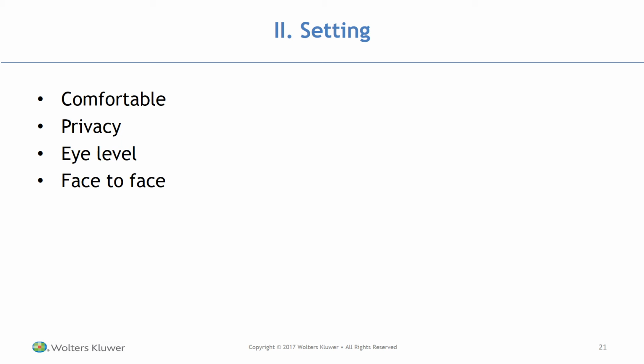So again, you're not going to be washing your hands or have the assistant washing their hands too, or any background noise. So you want to be sitting down, eye level with them, and face to face. And this is important with children also, okay?